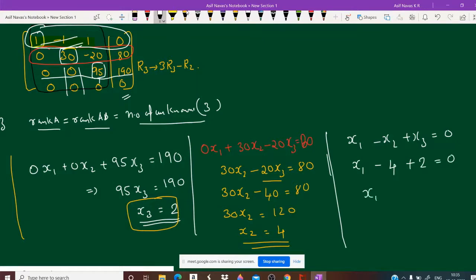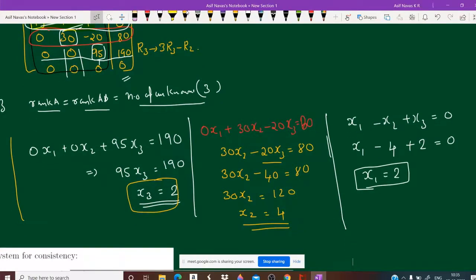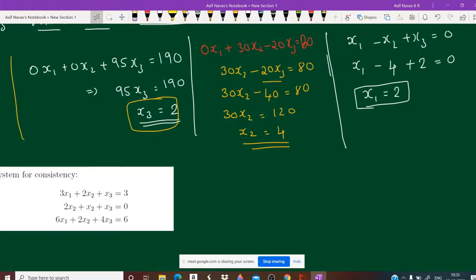So what is x1 here? 2. We know that only one solution is there. What is that solution? X equal to x1, x2, x3 is 2, 4, 2. So this is the one and only one solution, right?